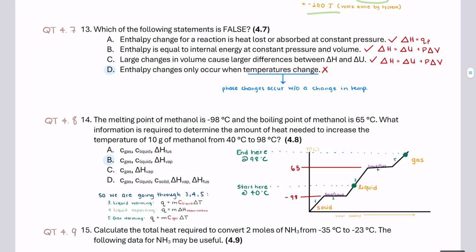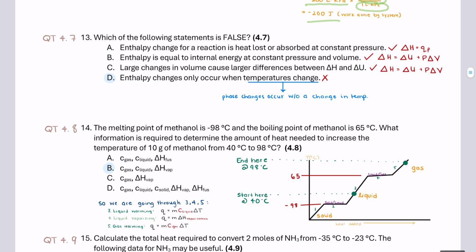Problem 13 says, which of the following statements is false? Let's cover each option. A says enthalpy change for a reaction is heat lost or absorbed at constant pressure. This is true.